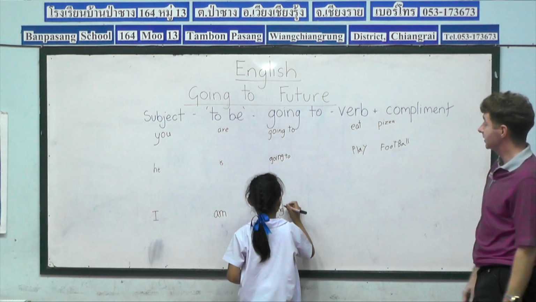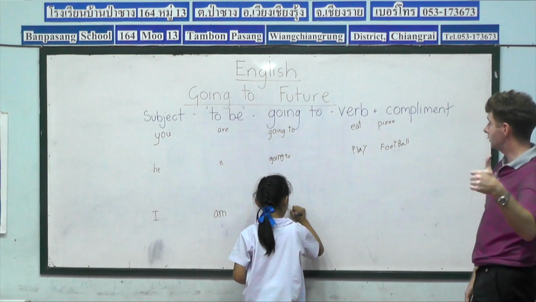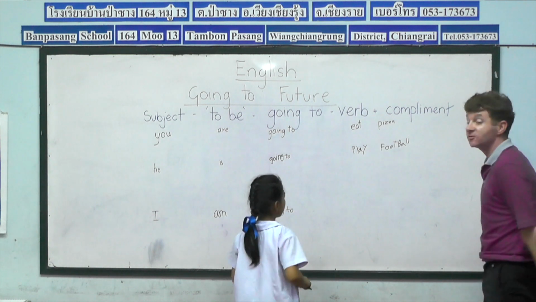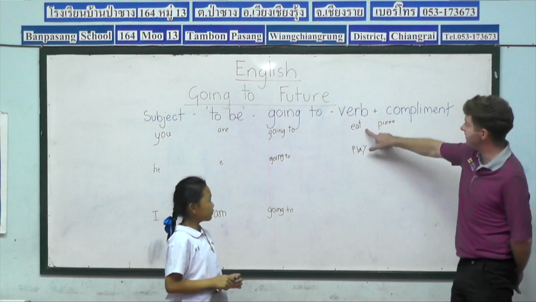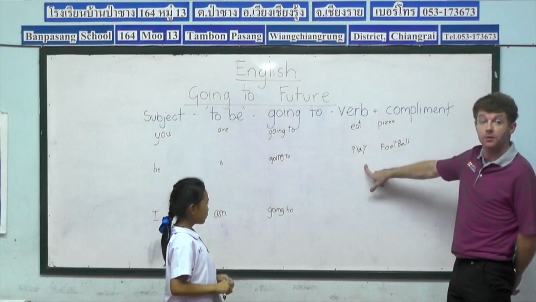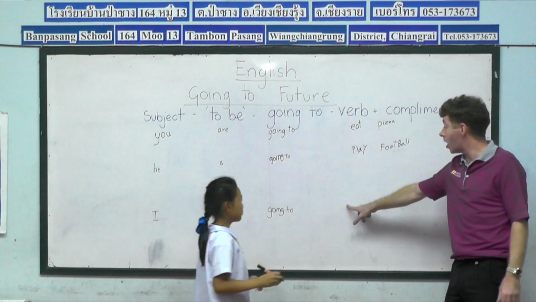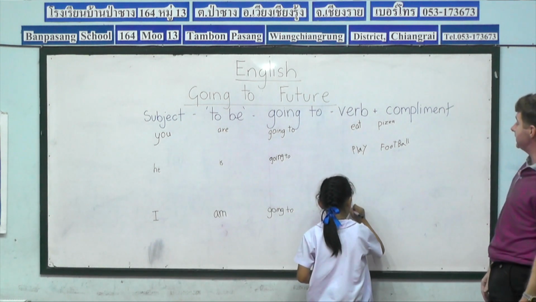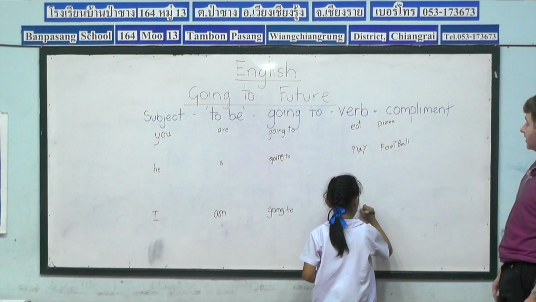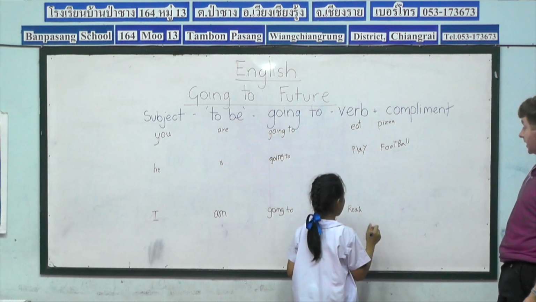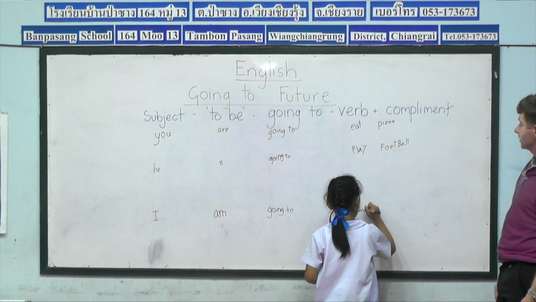Then our phrase, going to. G-O-I-N-G. Excellent. And then our action word, our verb. What verb can we use this time? We've had eat. We've had play. Read. Excellent. R-E-A-D. And then a book.